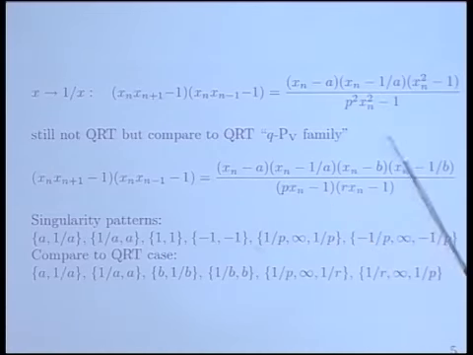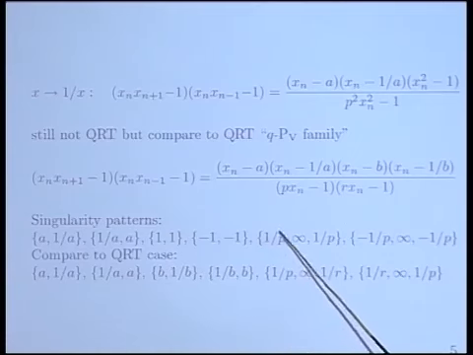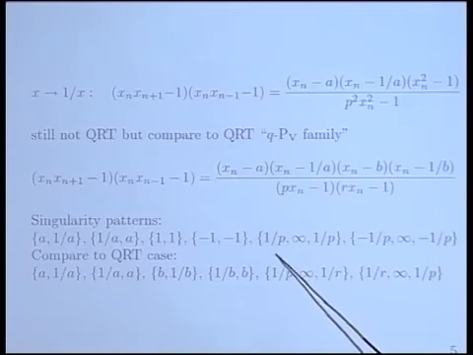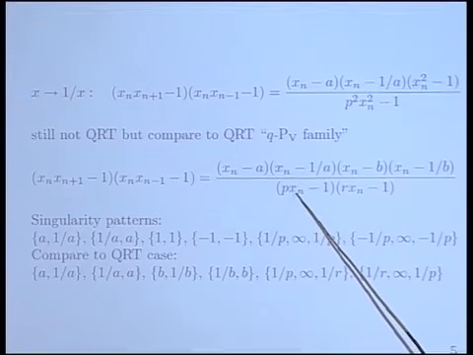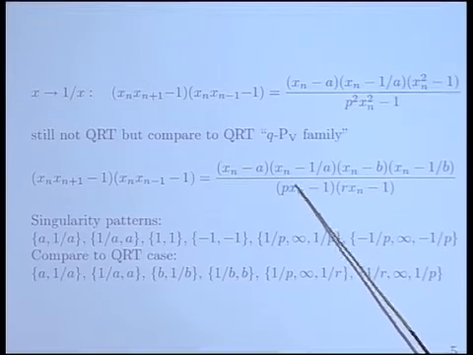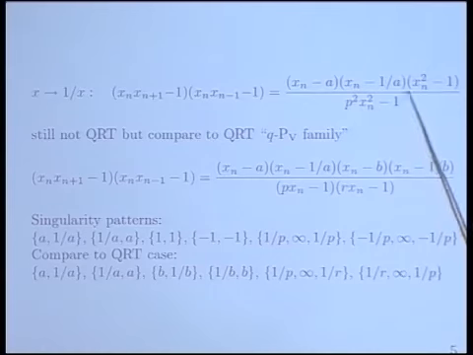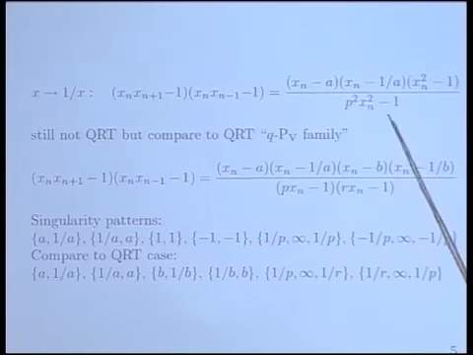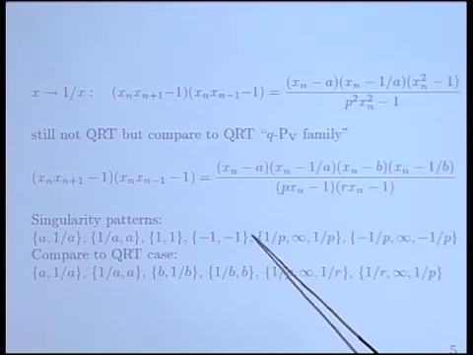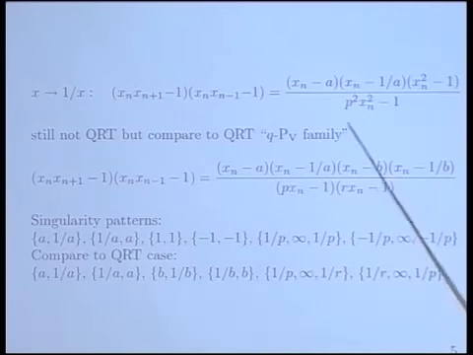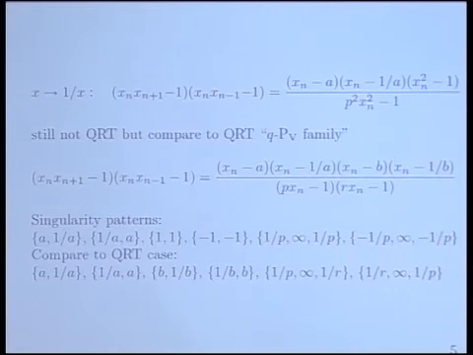Why not quite? Because if you look at the way the singularities go, if you enter the singularity by P, by making this infinite, then in the Hirota, Kimura, Yahagi case, you exit by the same singularity.